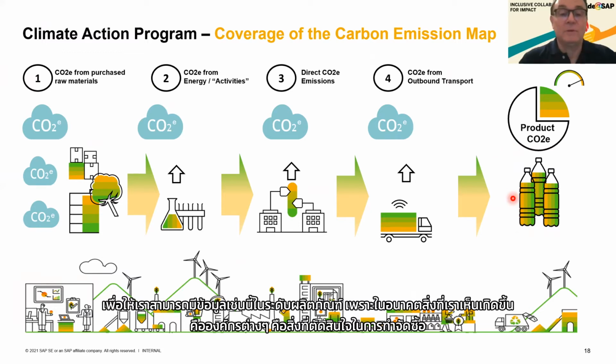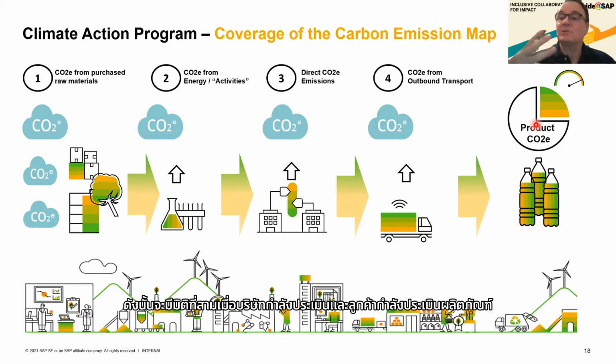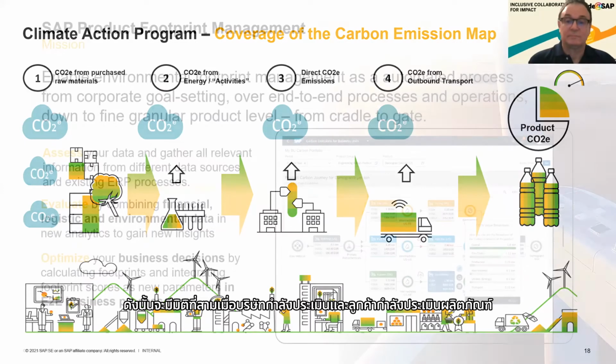Because going forward, we see organizations making procurement decisions not just on price and the technical components of a product, but also on the CO2 equivalent part of a product. So there will be a third dimension when companies and customers are evaluating a product.